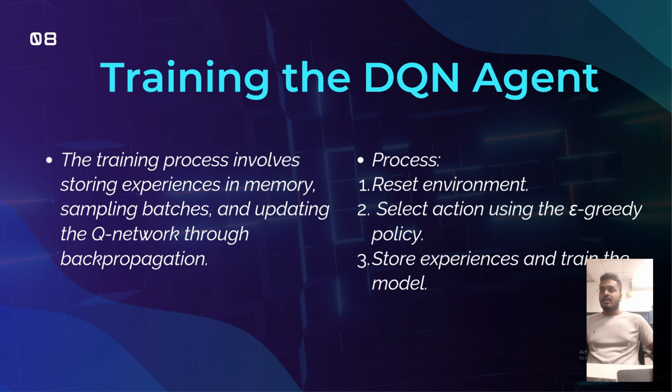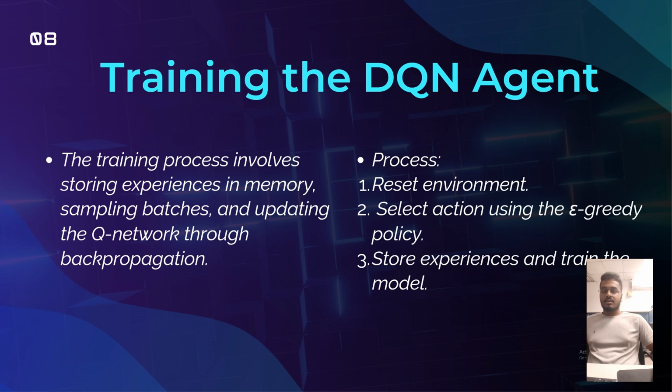Each interaction, comprising the state, action, reward, and next state, was stored in the replay memory for later use, as illustrated in the training process of stock prediction using DQN. Mini batches of this stored experience were periodically sampled from the memory buffer to update the Q network.